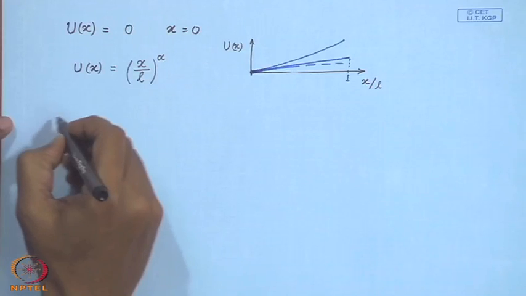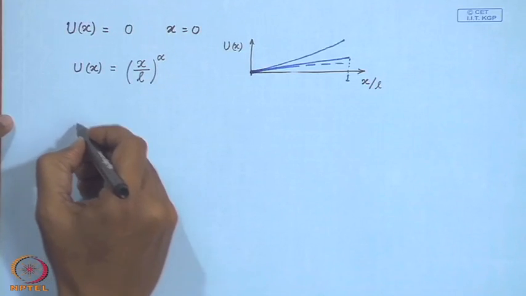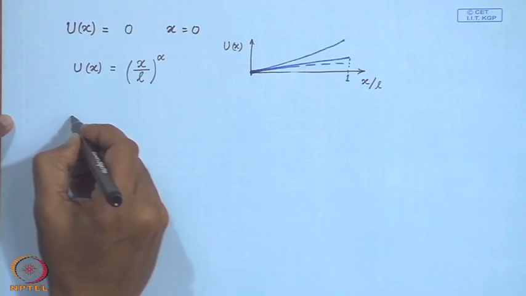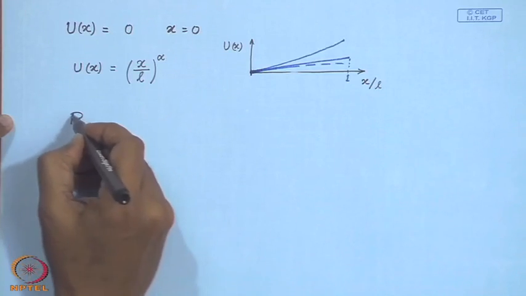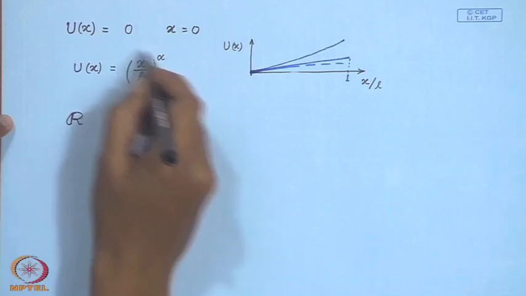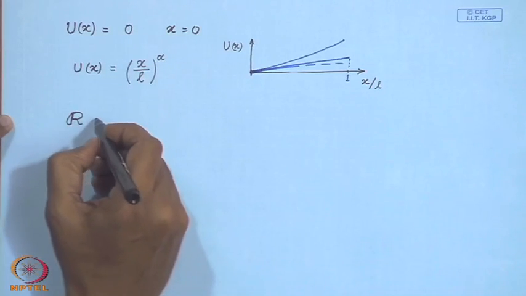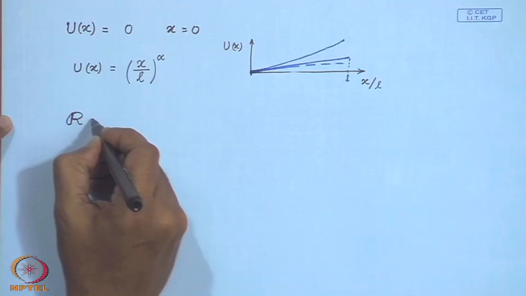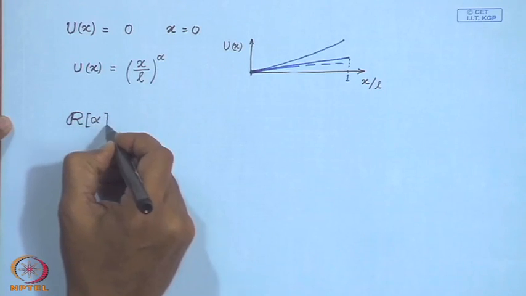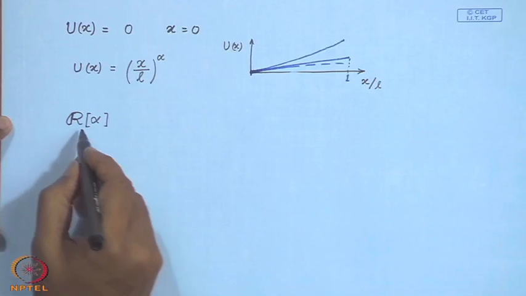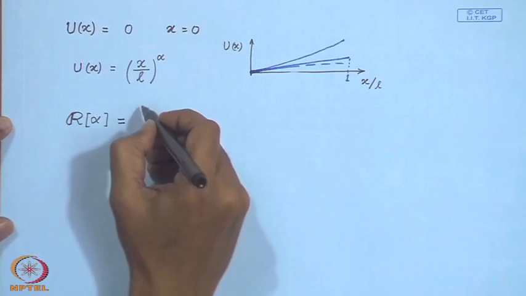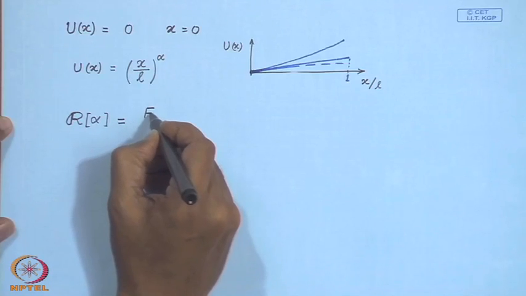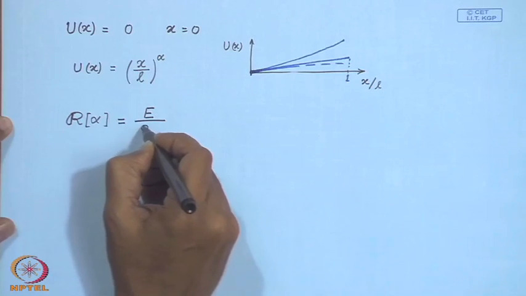If you calculate the Rayleigh quotient with this admissible function, then the Rayleigh quotient finally turns out to be a function of alpha, which is unknown as yet.